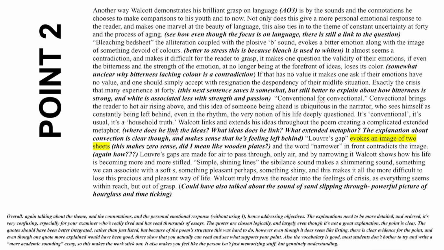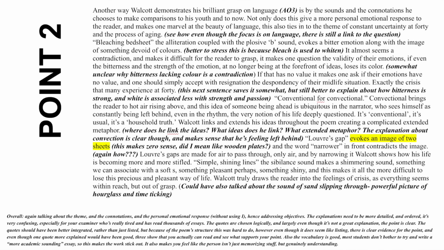And not only does this give a more personal emotional response to the reader and makes one marvel at the beauty of language, this also ties into the theme of constant uncertainty and the process of aging. Bleaching bedsheet. The alliteration coupled with the plosive B sounds evoke a bitter emotion along with the image of something devoid of color. It almost seems a contradiction and makes it difficult for the reader to grasp.